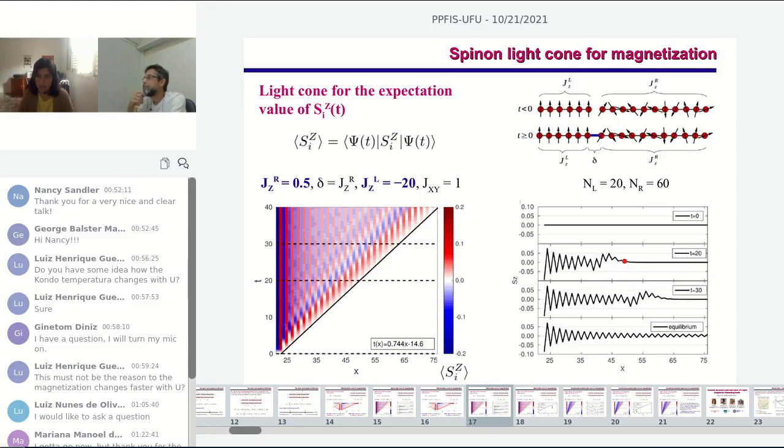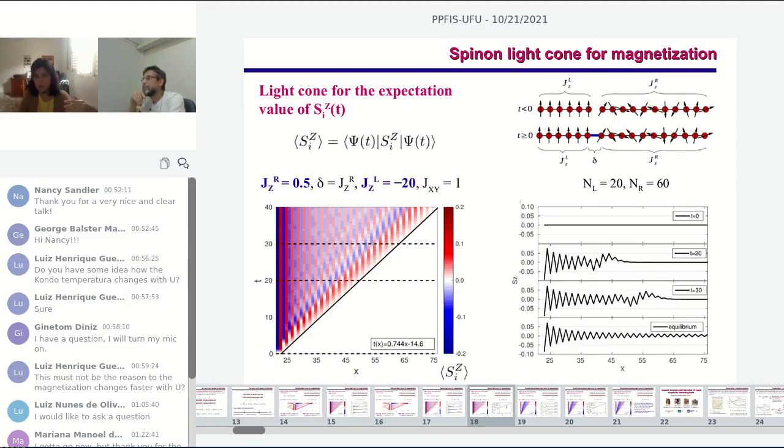If we track the wave front, then from this wave front, we can define this solid line that we have in the plot on the left. And if we calculate the inverse of the slope of this line, because we have time here and x, we get the velocity that is defining this light cone.